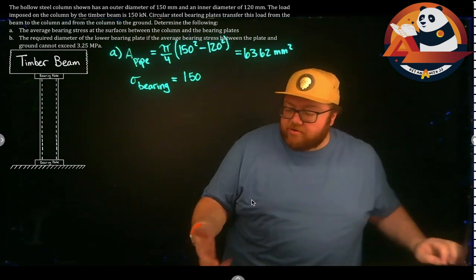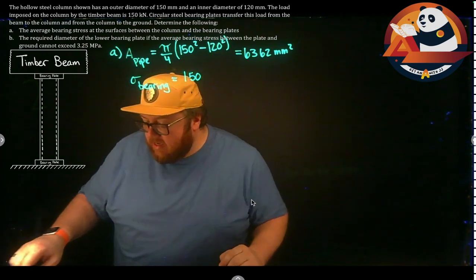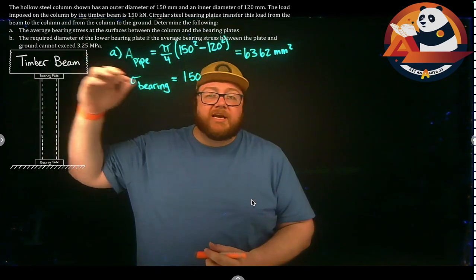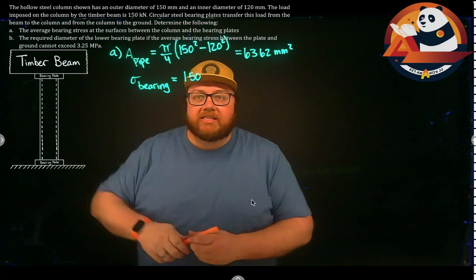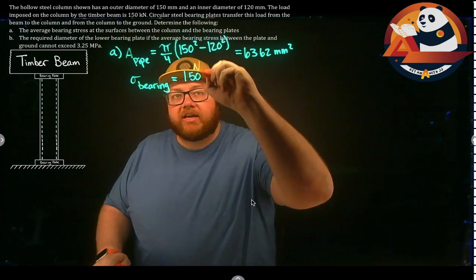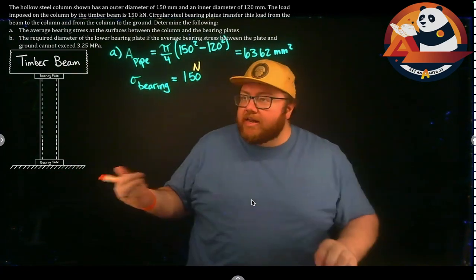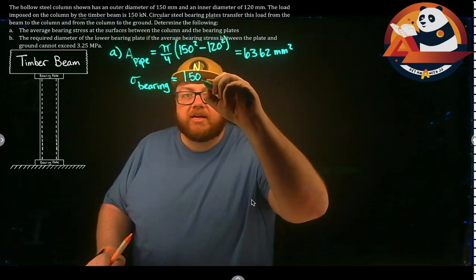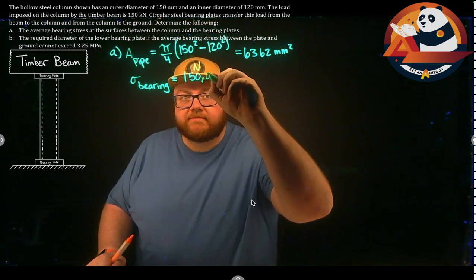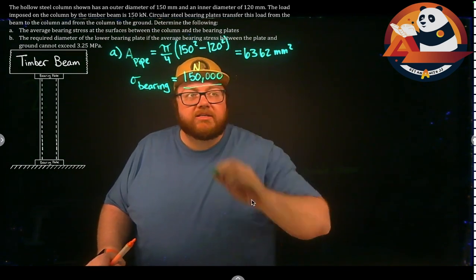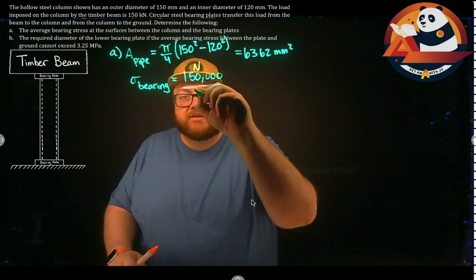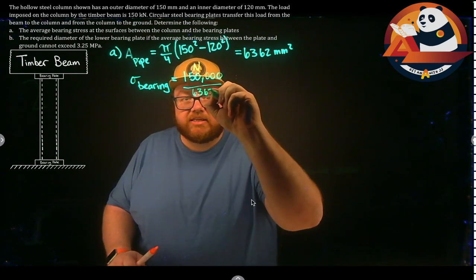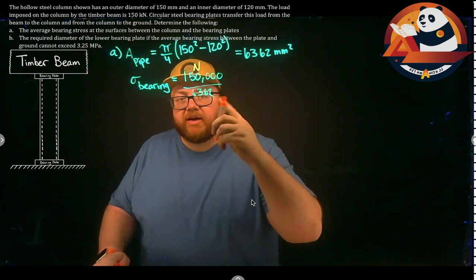Remember, we talked through our units for these. We want to work with newtons and millimeters for our SI units. So I don't want to do 150 kilonewtons. Let's convert that into newtons. 150,000 newtons divided by 6362 millimeters squared.